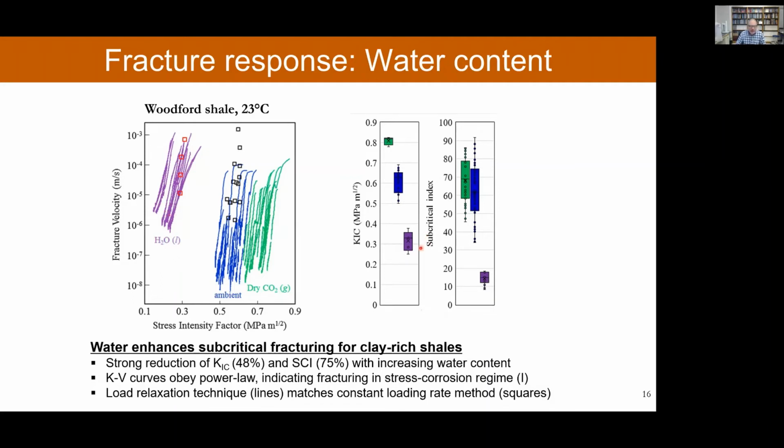And that affects the fracture toughness, with water weakening the rock, but also the subcritical index. So water weakens the rock, and if you look at rock mechanics data in the literature that are done on dry rock at room conditions, they would not replicate conditions that are expected for water saturated subsurface conditions.